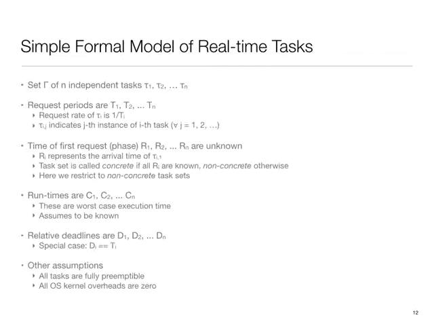So for example, if the first copy of task 1 arrived at t equal to 1 and its period is 5, then I know it comes at 1, 6, 11, and so forth. If I also knew the time of the first request, which we are going to call the phase, R1, R2 through Rn, then I have a static problem at hand, and before even running the system, I can check whether all the deadlines are going to be met or not.